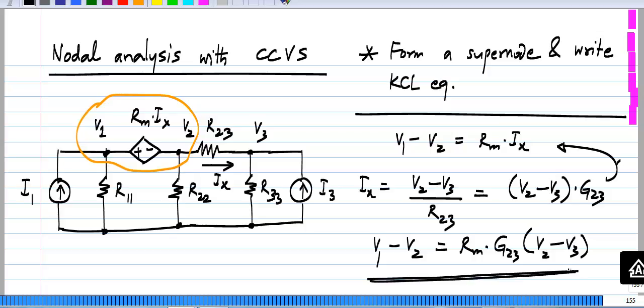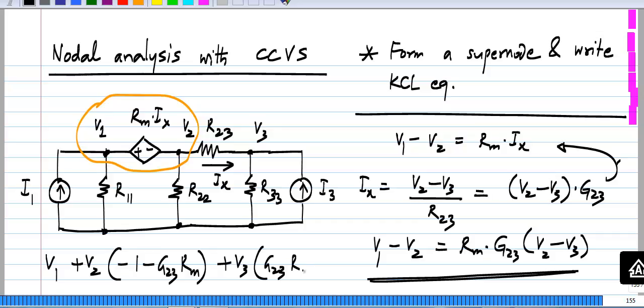Now, as with the voltage controlled voltage source, the right hand side also consists of variables. So we take them to the left hand side and write V1 plus V2 times (minus 1 minus G23 Rm) plus V3 times G23 Rm to be equal to 0.